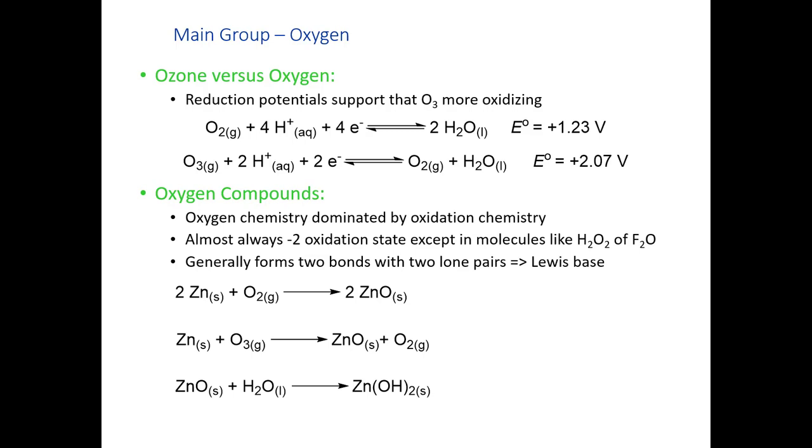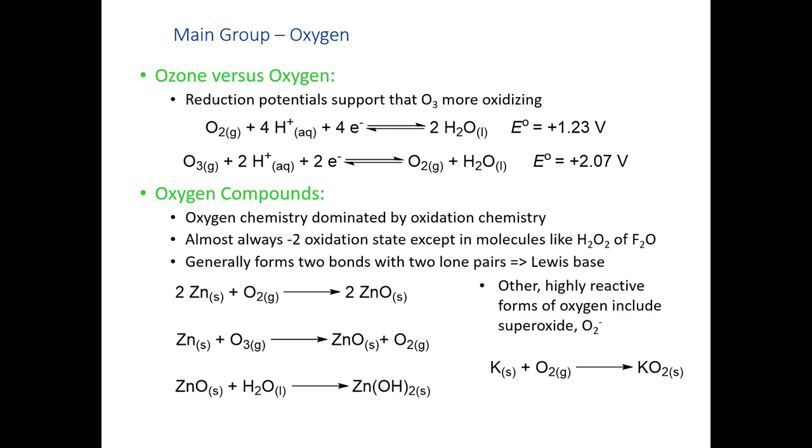I will assume you're comfortable with organic compounds containing oxygen, such as alkoxides, ketones, carboxylic acids, etc., as well as polyatomic anions, such as sulfate, nitrate, phosphate, etc. There are other forms of oxygen and oxygen-containing compounds that are very reactive, such as superoxide, but these generally involve unstable radicals and are beyond the scope of this course.